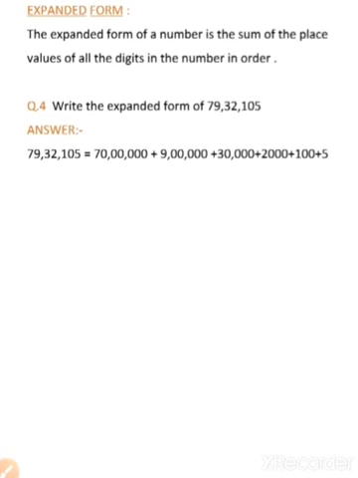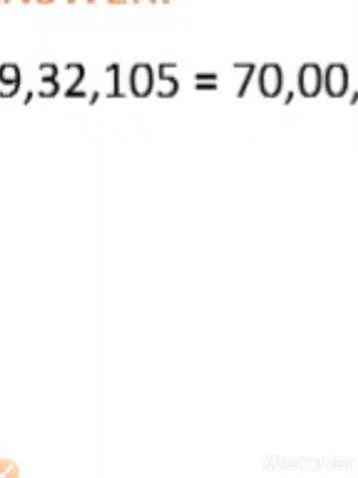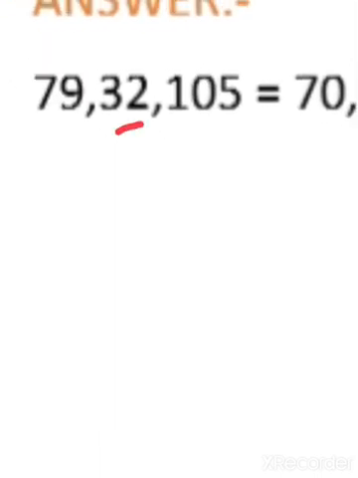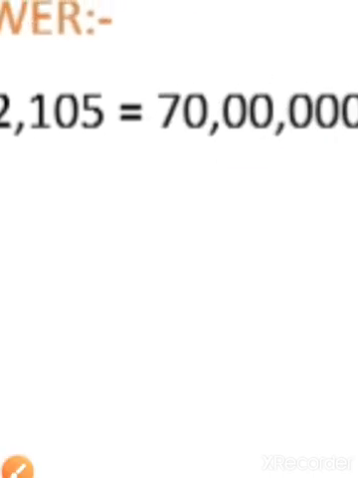Now students, the next digit is 2, and after that we can see there are 3 digits. So when we write it in expanded form we have to write 2 followed by 3 zeros.